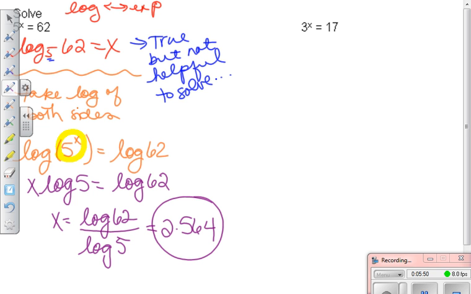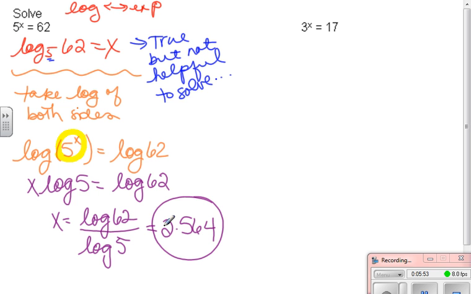And so being able to take the log base 10 of both sides allowed me to go to my calculator.